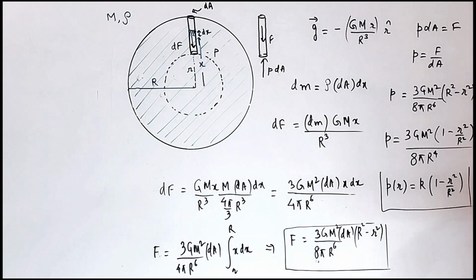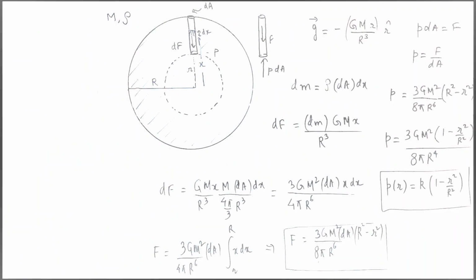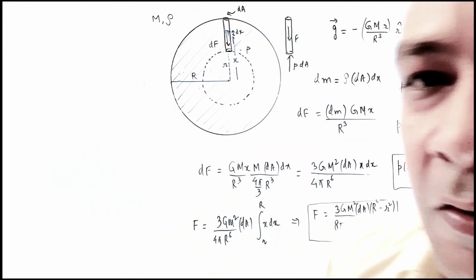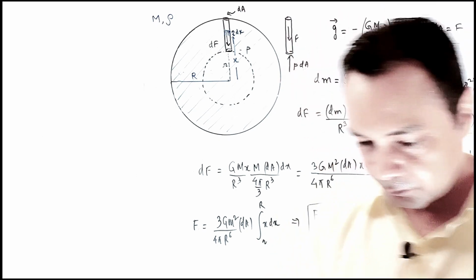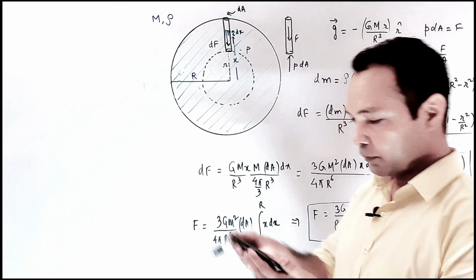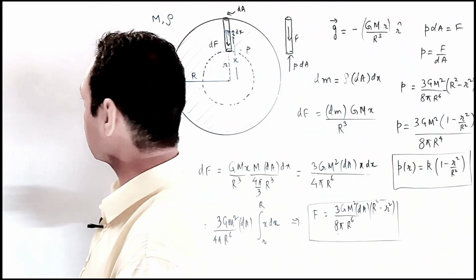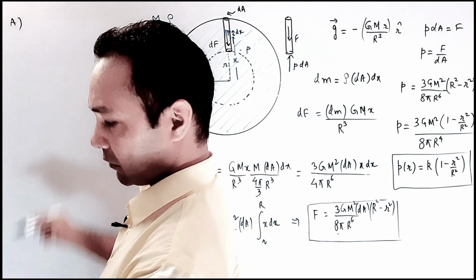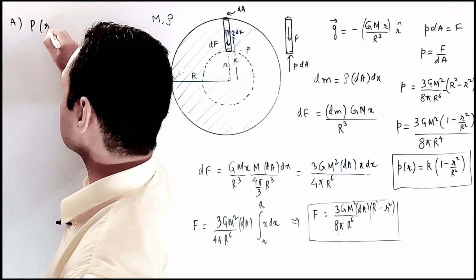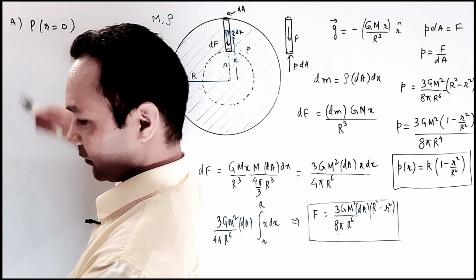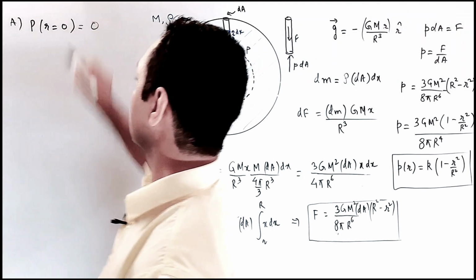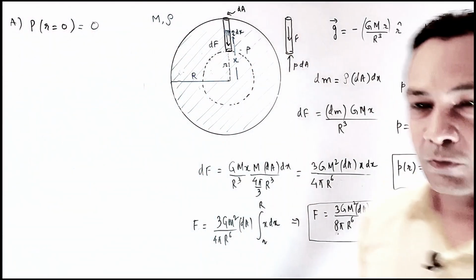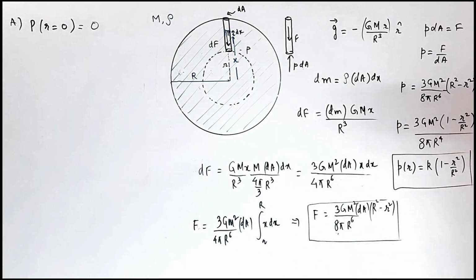This is the expression that I'll be using. Now let's see all the options one by one. Option A is saying the pressure at r equal to 0 is 0, and that is actually the center of the Earth.